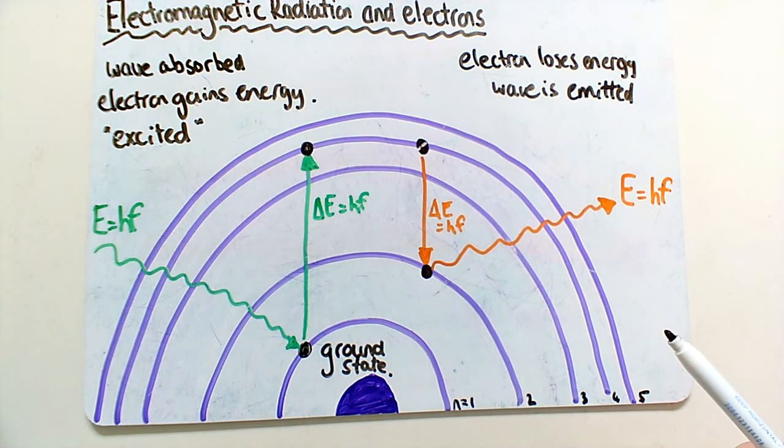This can also be used to identify specific atoms, because each atom will have a different number and wavelength of light that can be used in order to promote its different energy levels. And the reason each atom has a different set of energy levels is because they have different nuclei and different numbers of electrons, which change the energy levels.